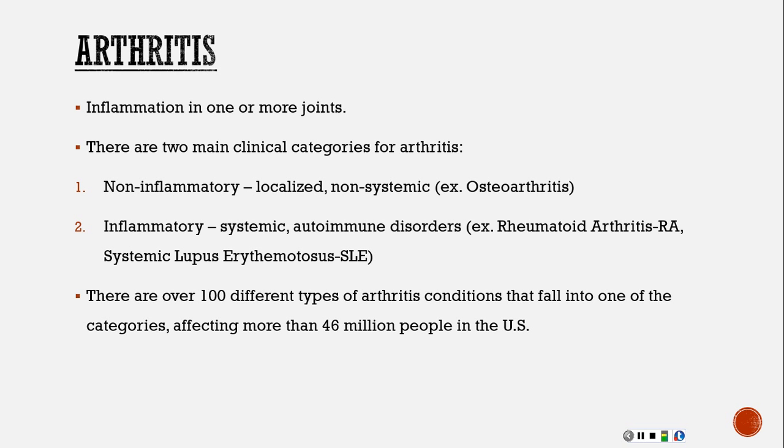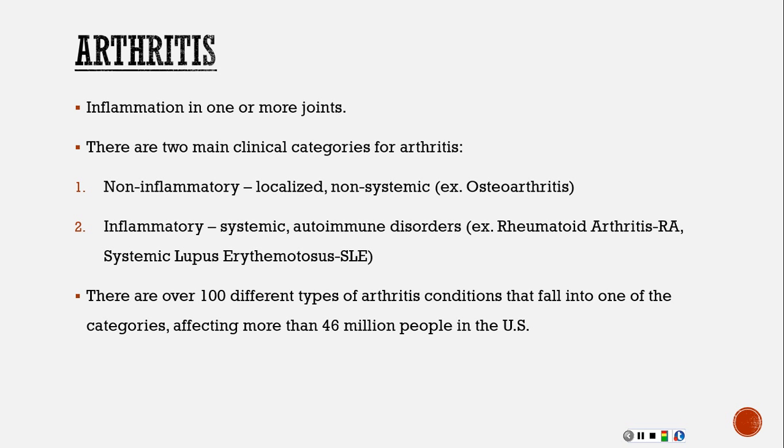So non-inflammatory osteoarthritis is localized and non-systemic. This is more of a mechanical issue, osteo is. You've worked that joint or the bones there to the point where you're having problems in that one specific or multiple specific joints. Okay.